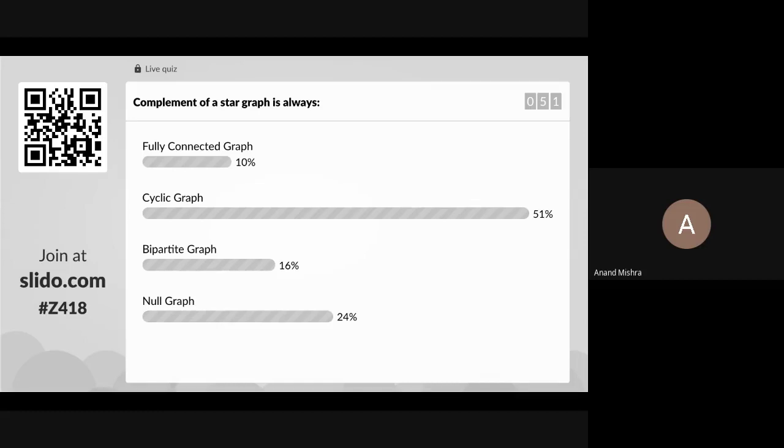That's the definition. It's not that all nodes should be connected. Even if some nodes are not connected, if it contains a cycle, it is a cyclic graph. But this question is only true for nodes greater than 3.